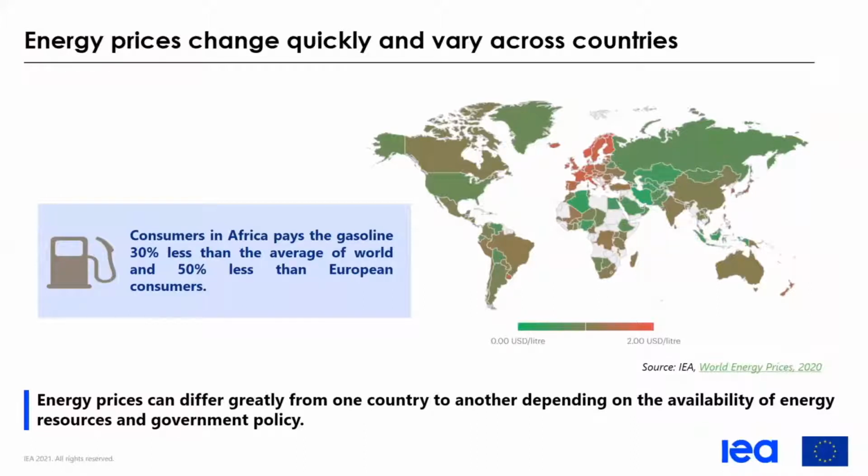Such data also allows for evidence-based policymaking and energy transition planning. Robust data allow us to draw comparisons of regional differences. For example, thanks to this dataset, we can say that consumers in Africa pay on average 30% less for gasoline than the average of the world and 50% less than European consumers.